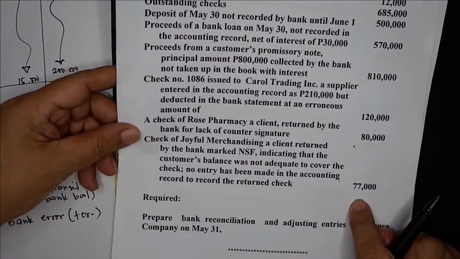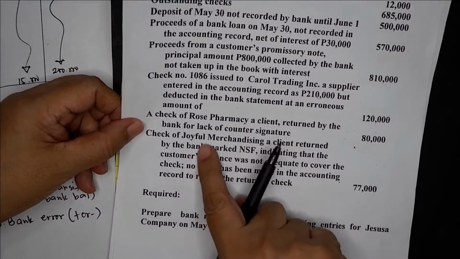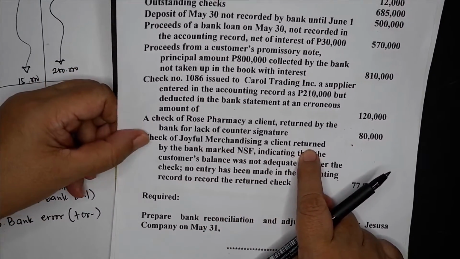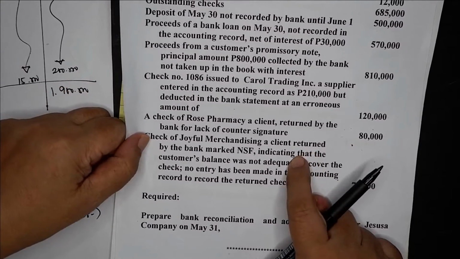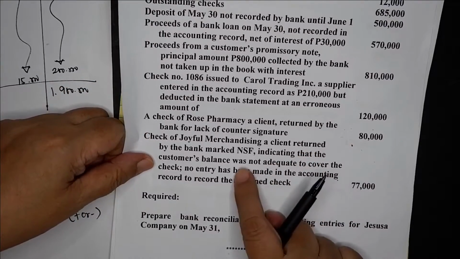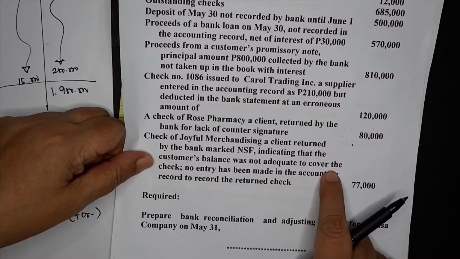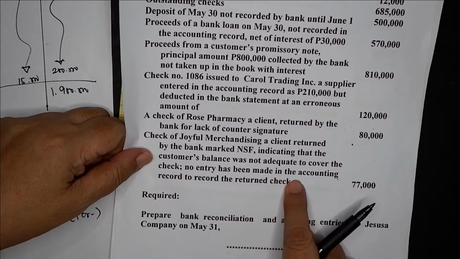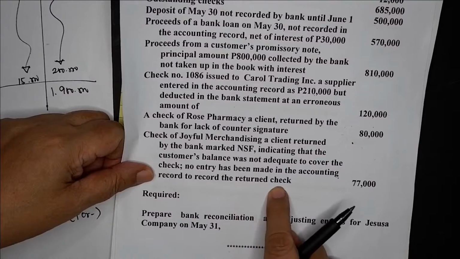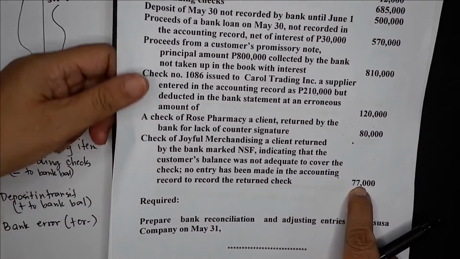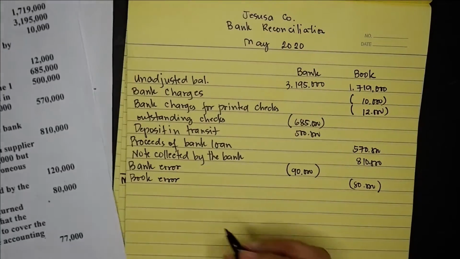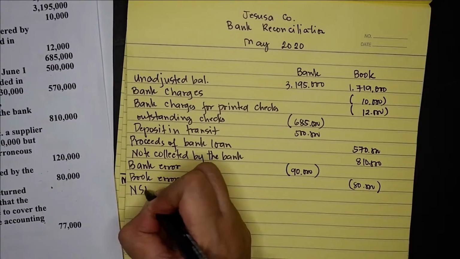Okay. And we have the 77,000. Check of Joyful Merchandise client returned by the bank marked NSF, indicating that the customer's balance was not adequate to cover the check. No entry has been made in the accounting record to record the return check. That is 77,000. So again, that is an NSF check.